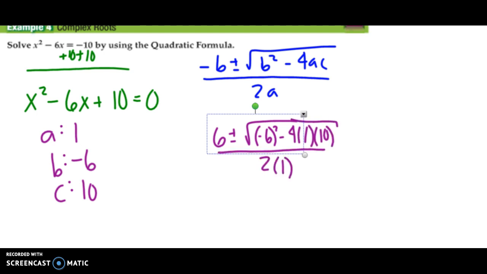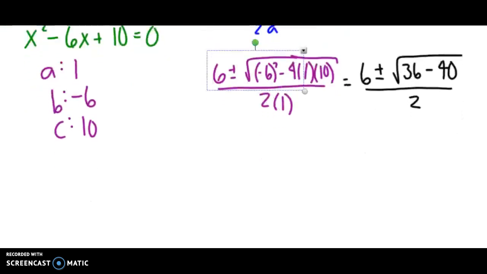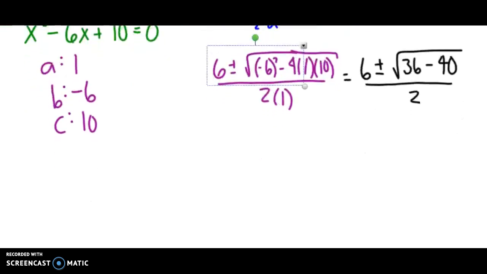So let's simplify. 6 plus or minus the square root of, well, negative 6 squared is 36 minus 4 times 1 times 10 is 40, all over 2. Now you'll notice underneath my square root, 36 minus 40 is going to give me a negative number. So 6 plus or minus the square root of negative 4 all over 2.